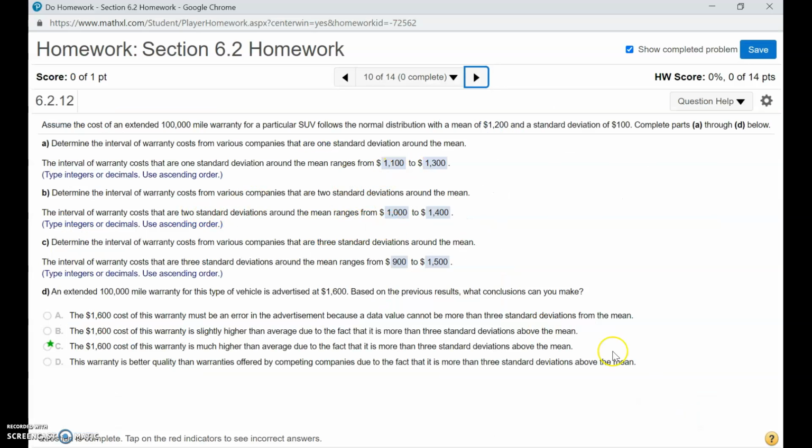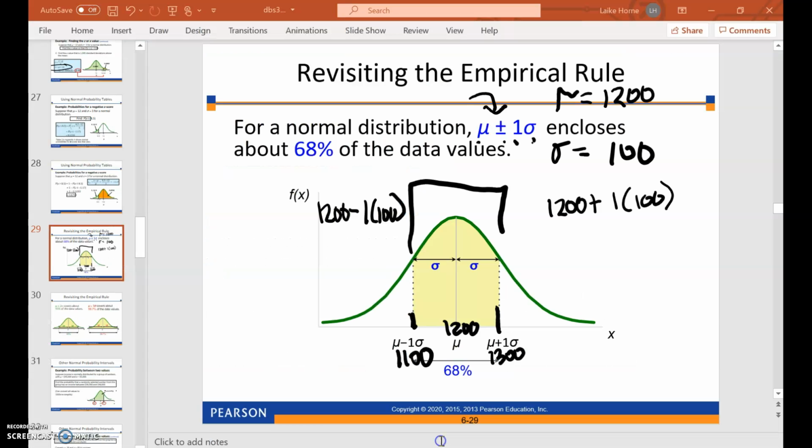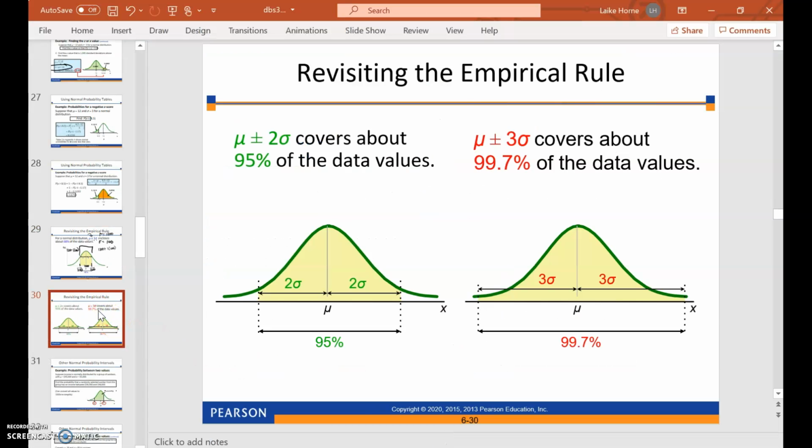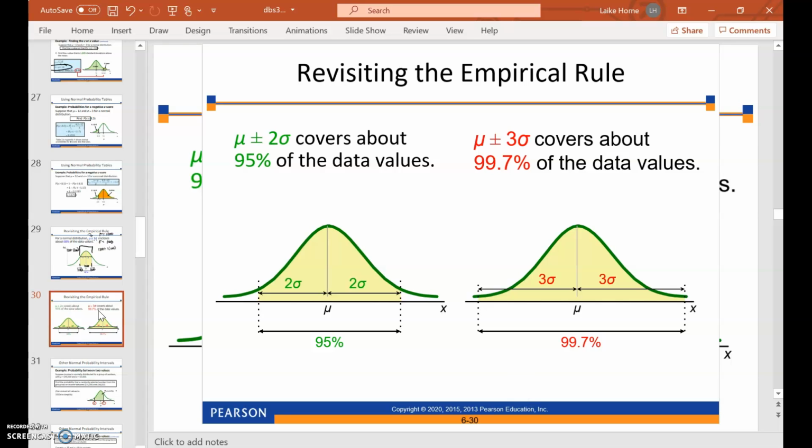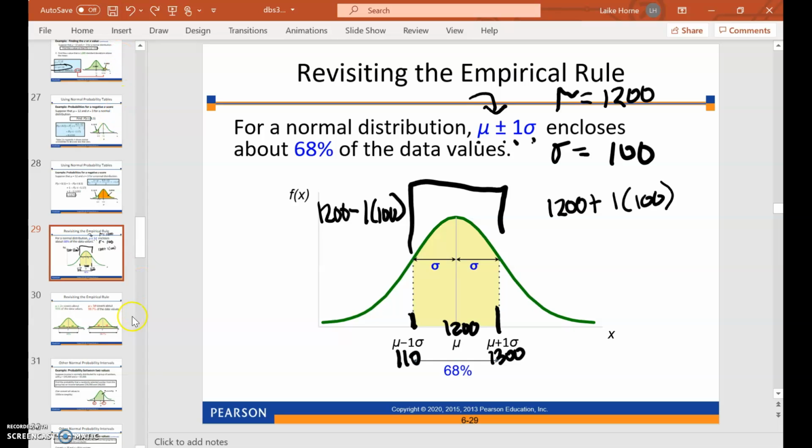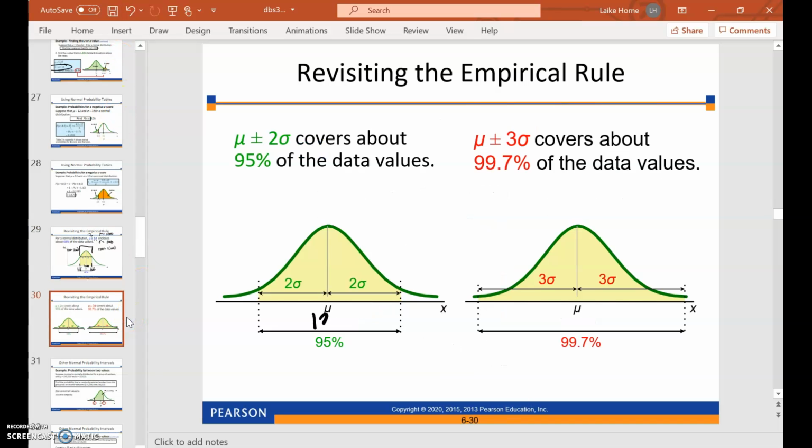For the next one, we're going to do 2 standard deviations from the mean. This is still going to be 1,200. To get the upper end, we do 1,200 plus 2 times the standard deviation, which is 100.